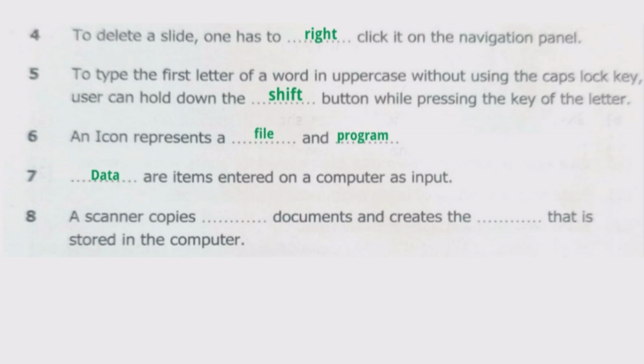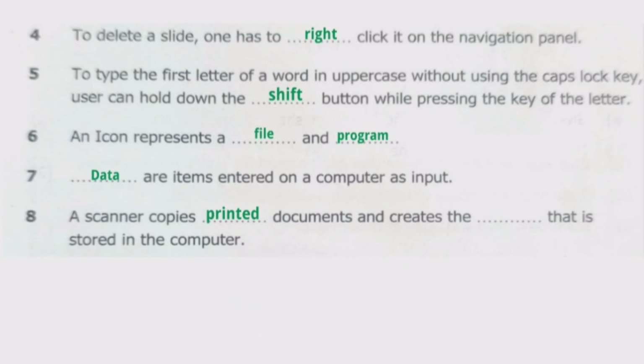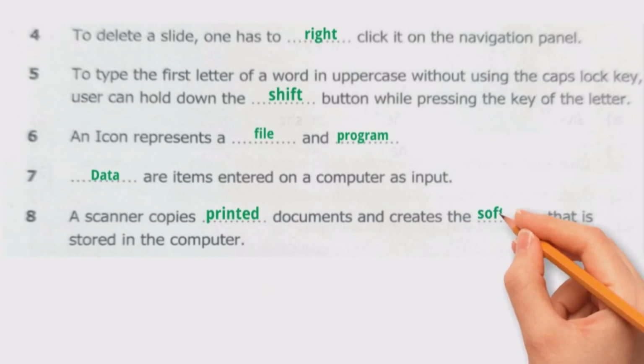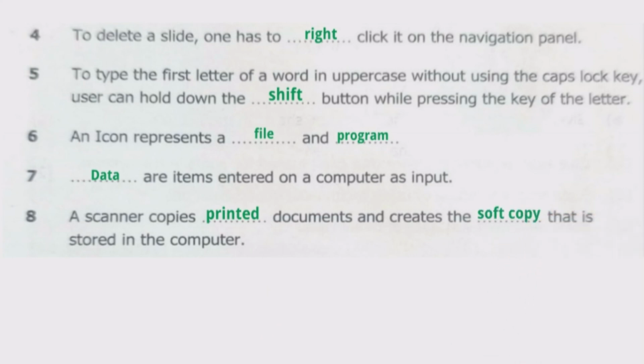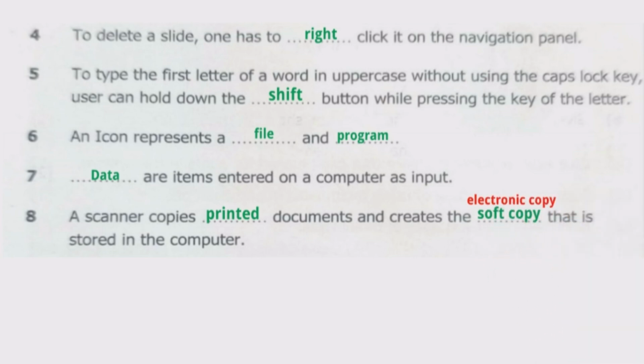So here, the correct answer is: a scanner copies printed documents and creates the soft copy that is stored in the computer. On soft copy, there are other words that can be used, like electronic copy.